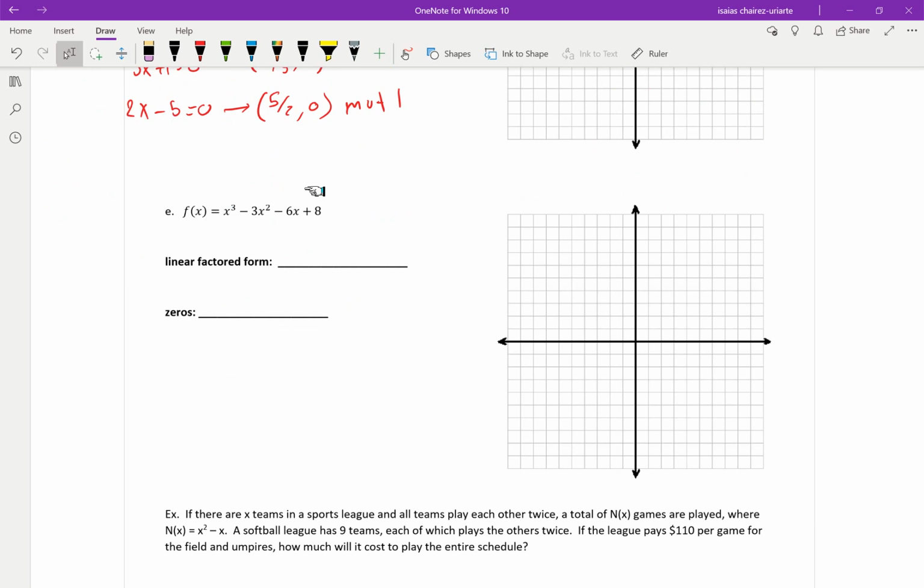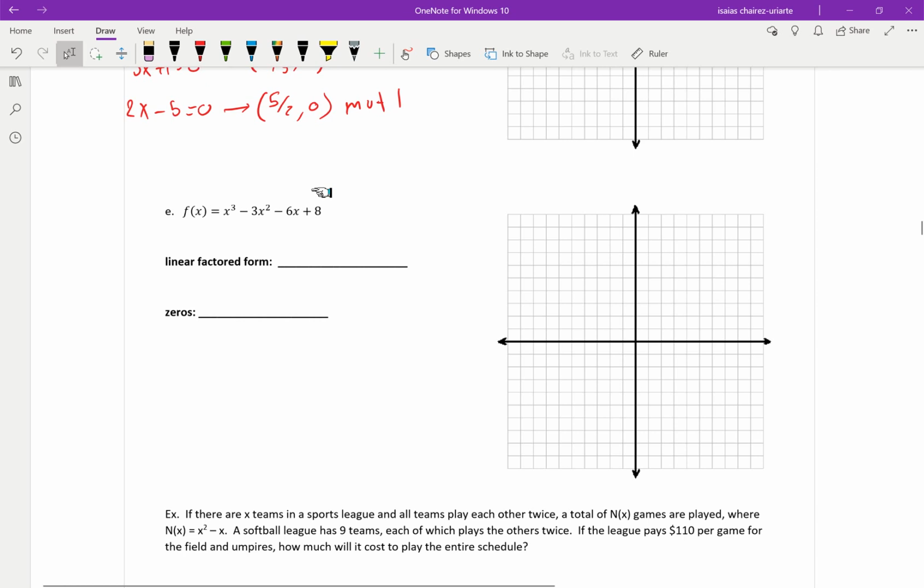Well, maybe long division would help out in this situation. There's also what's called the rational zeros test. Depending on whether or not you've been exposed to it, you can generate some guesses for what the x-intercepts are.